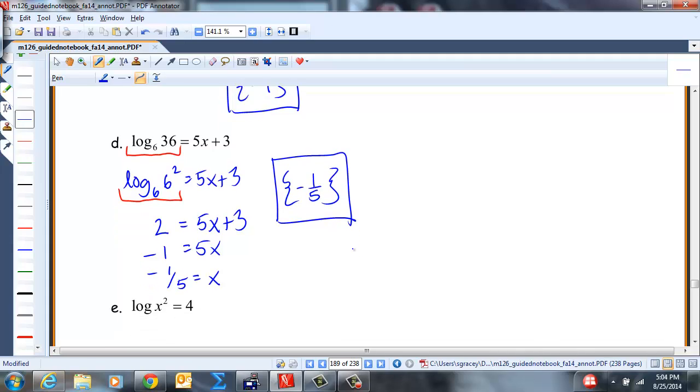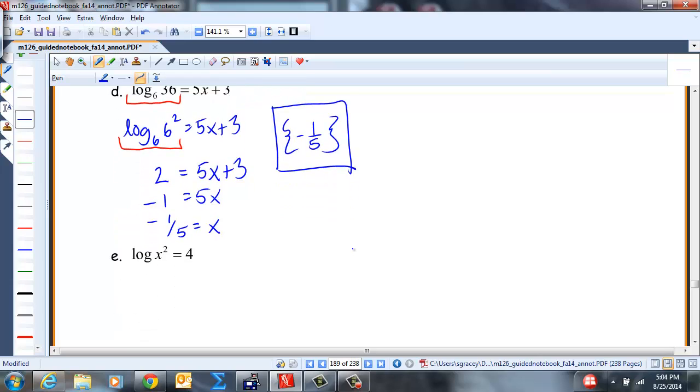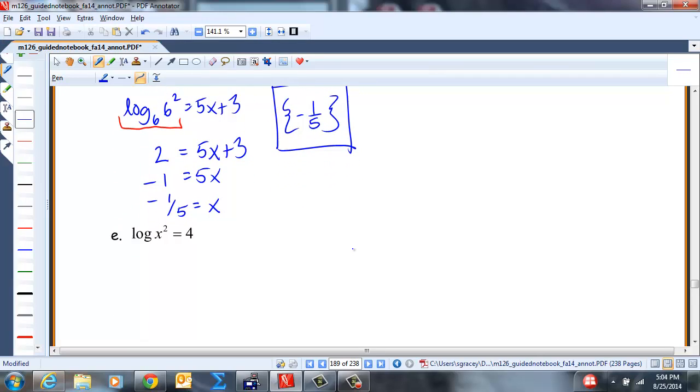Okay. Part E. So I have the common log. What is the base of the common log? Perfect. It's 10. So rewriting this in exponential form, we have, good, 10 to the fourth is equal to x squared.